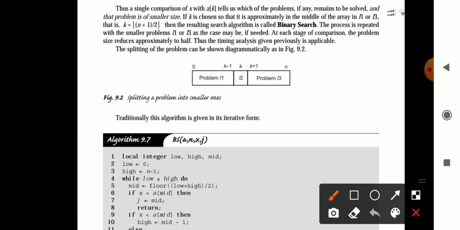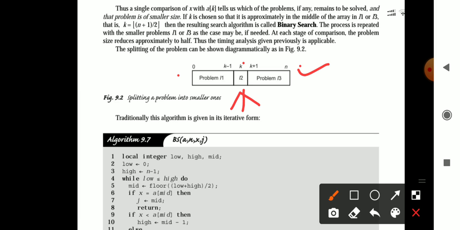Here we have the figure. In this figure we have a big problem. The size of that problem is n, going from 0 to n. It may have thousands of elements in the array. Now in binary search, we divide it into two parts by using some key value. The key value is actually the mid of the array. So we find the mid of the array.